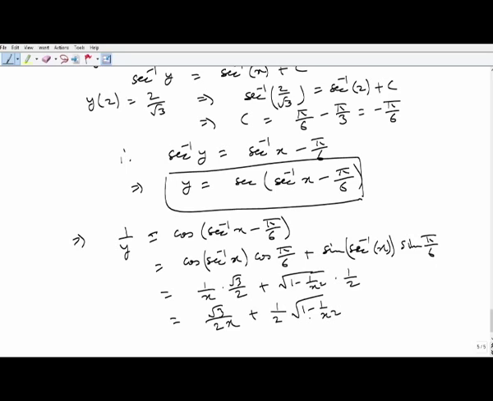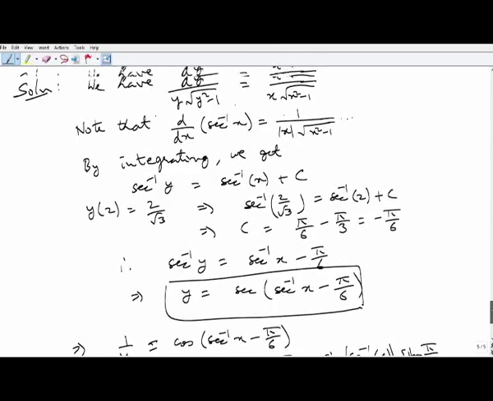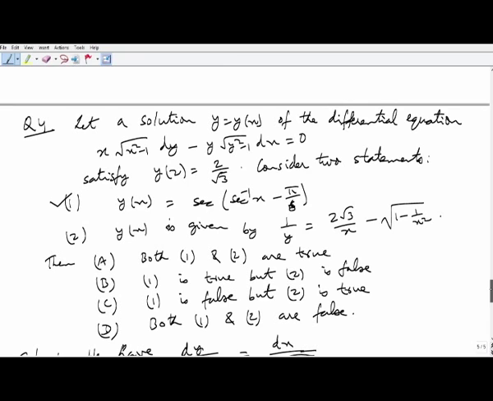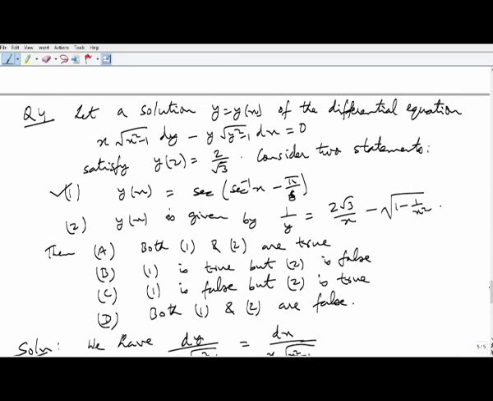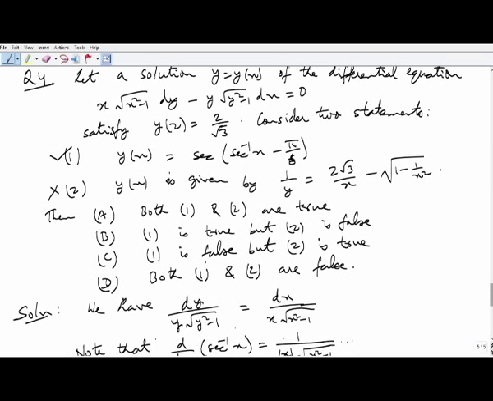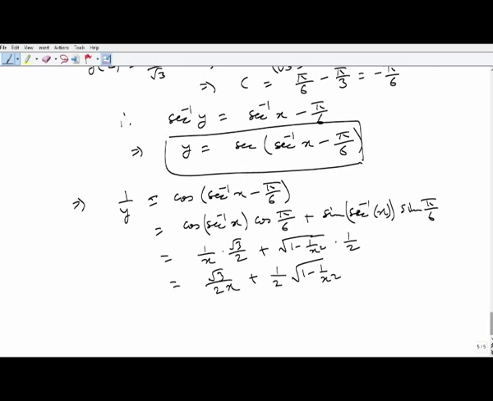So, this is our 1 by y. Now, if you see the option, we are given 1 by y is equal to 2 times root 3 by x minus square root of 1 minus 1 by x square. So, that is not correct. So, what we get is that statement 1 is true, but statement 2 is false. So, B is the correct choice. So, now let us move to question number 5.